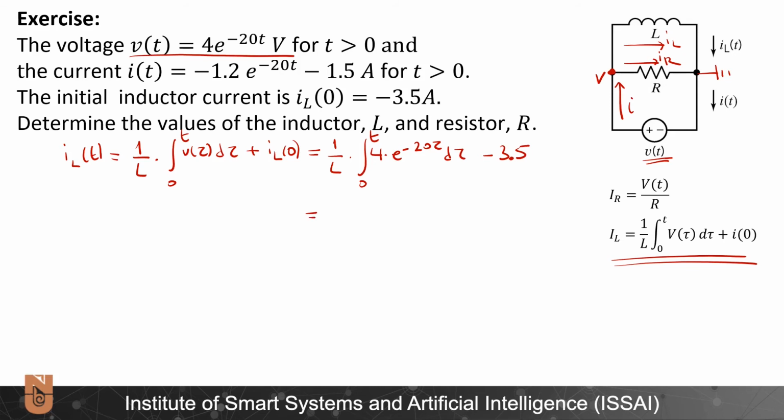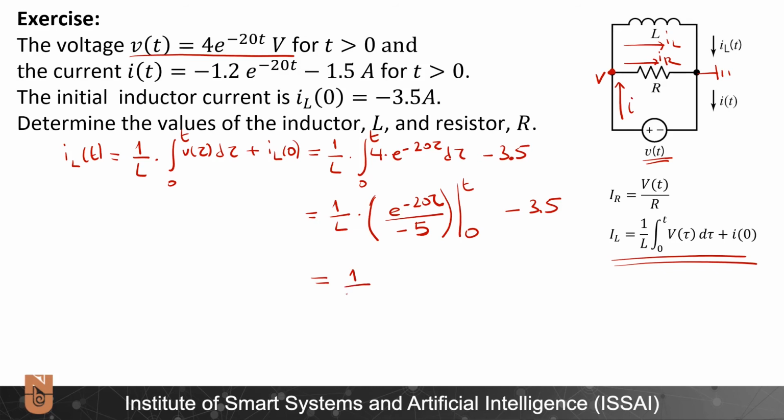Let us take the integral. 1 over L in parentheses e to the minus 20 tau divided by minus 5 with the integration bounds of t and 0, and here I have minus 3.5 as well. Let's try to figure this out further.